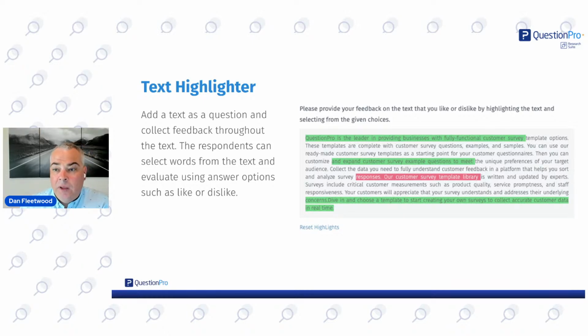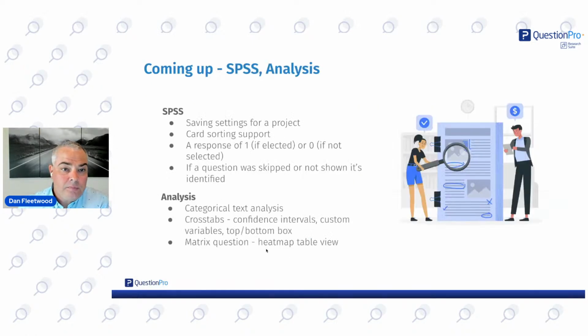You'll see that in the reporting of different areas, almost like a heat map style, where you can see these are things that respondents like, and these are things that they didn't like. So it gives you ways that you can improve that text. This is a question type, so feel free to make use of it today.